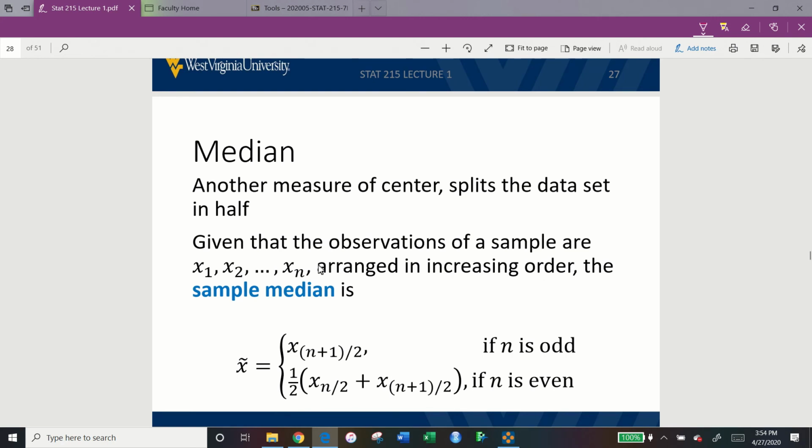Given that the observations of a sample are x1, x2, all the way to xn, we arrange it in increasing order so that the sample median is 1/2 of x sub n over 2 plus x sub n plus 1 divided by 2 if n is even, or if n is odd, x sub the quantity n plus 1 divided by 2. And we represent that median as x with a tilde.